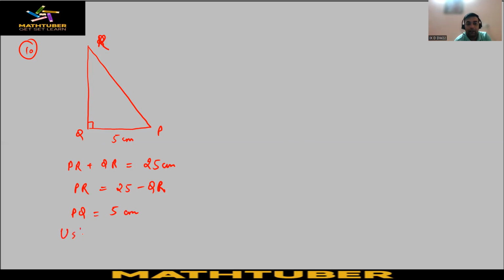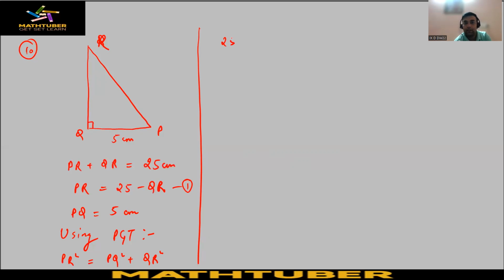So using Pythagoras theorem, we will get PR square is equal to PQ square plus QR square, and that will be the value of PR we have here from equation number 1, which is 25 minus QR whole square is equal to 5 square plus QR square.